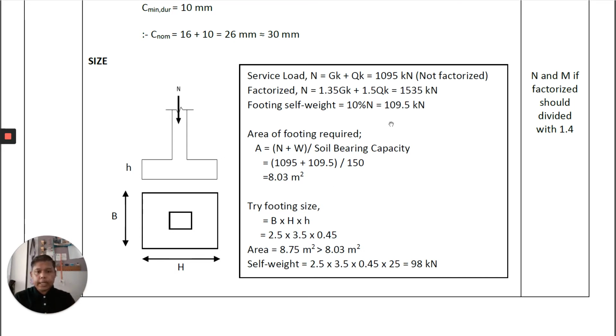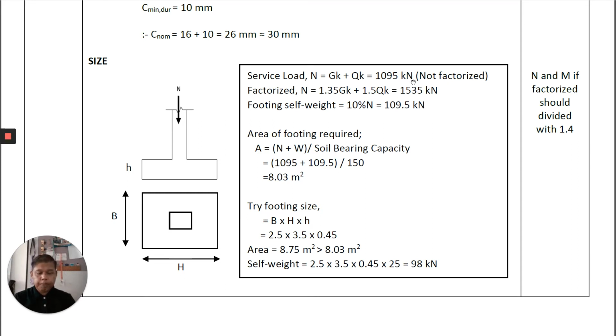So in this case, the unfactorized value for the GK and also QK is 1095 kilonewton, which is the total GK and QK. If you factorize, the value is different: 1.35 GK plus 1.5 QK. Then you have to calculate the footing self-weight based on the unfactorized loading, which is 10% of it, which is 109.5 kilonewton from 1095 kilonewton.